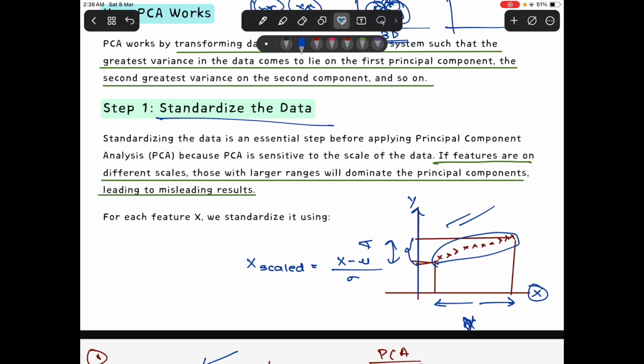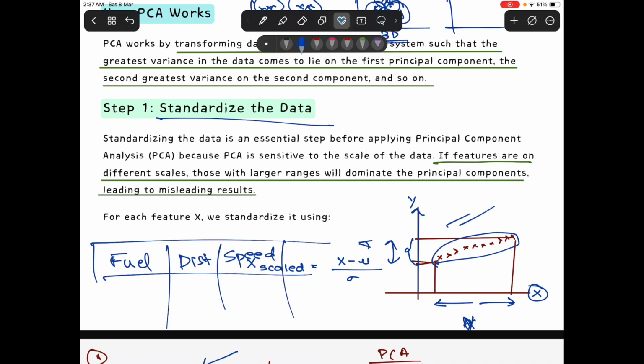Let's consider another example. If we have fuel, distance, speed, this is a data point, and these three are the attributes of that data point.